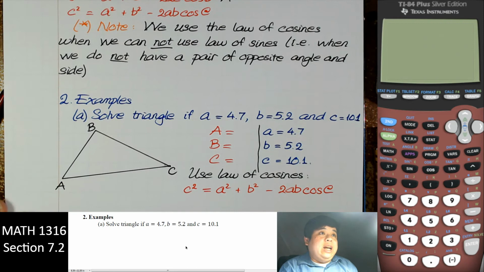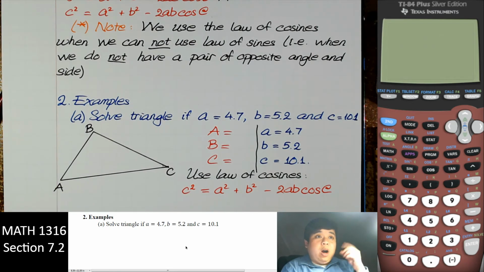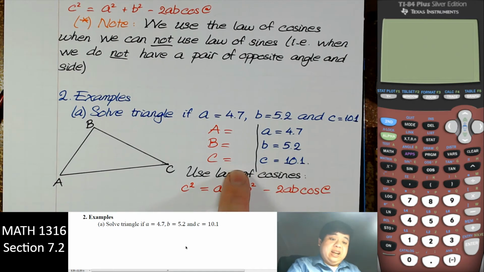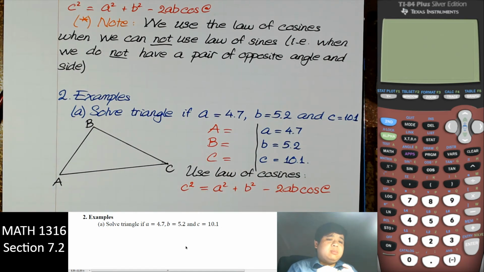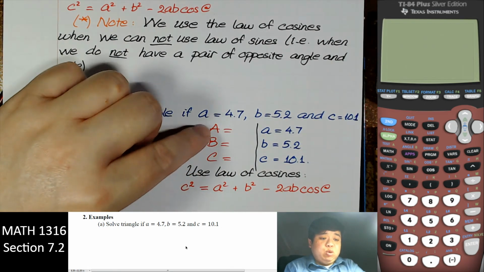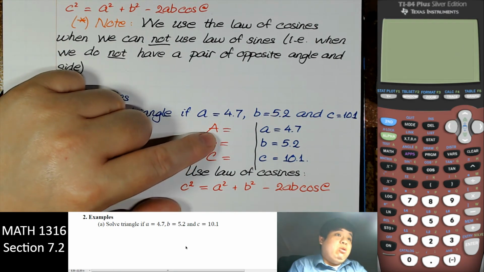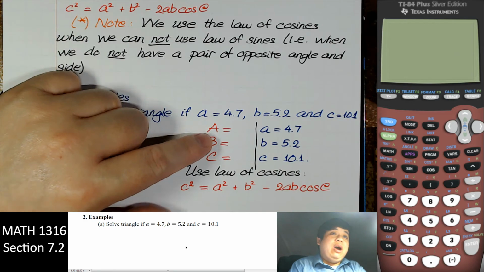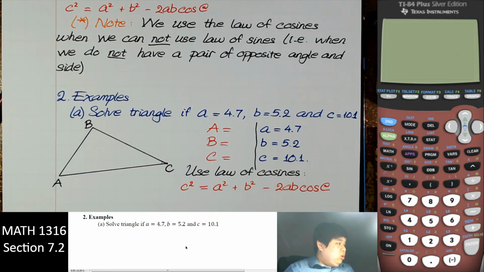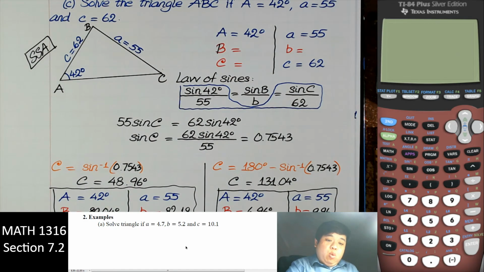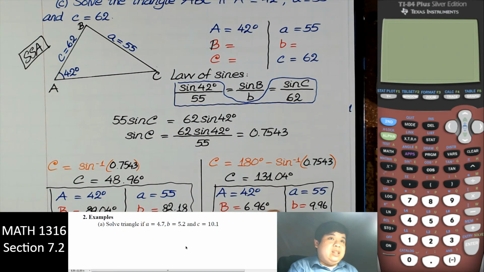Like I said, if there's a choice of the law of cosine, I will choose the one with the biggest side, therefore the biggest angle first. Because later on I have to find A or B. I don't have to worry about the inverse. I don't have to worry about the two scenarios here.